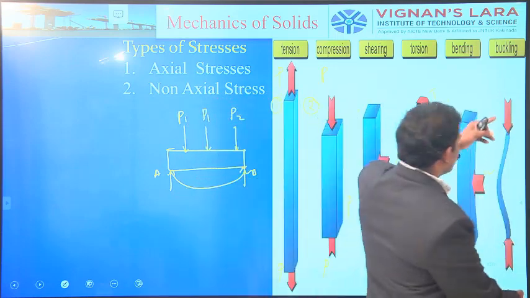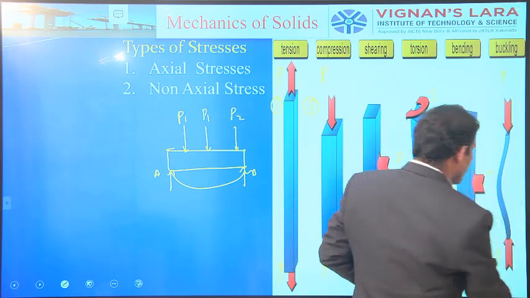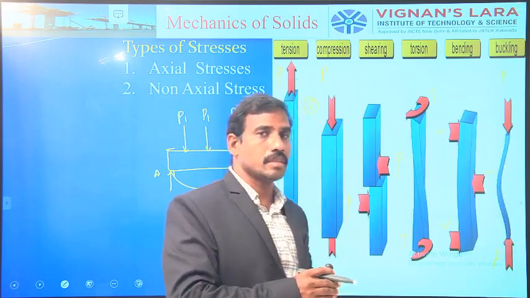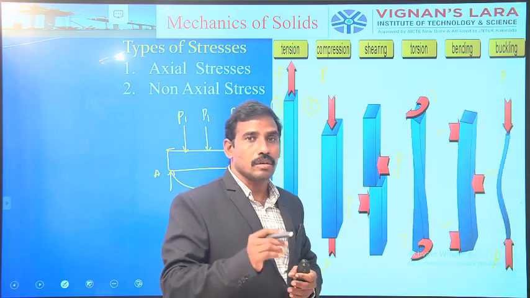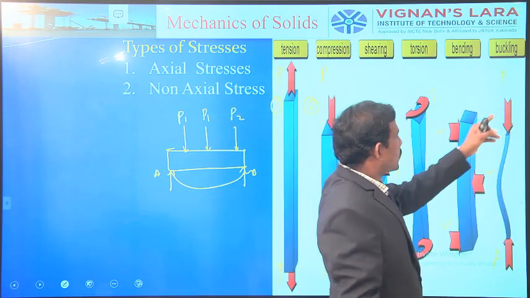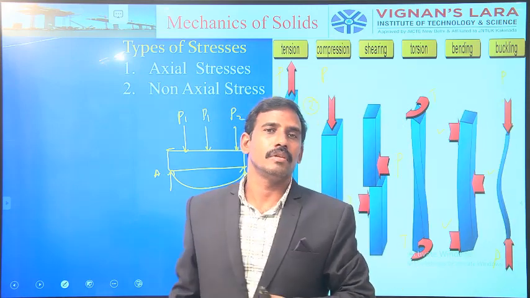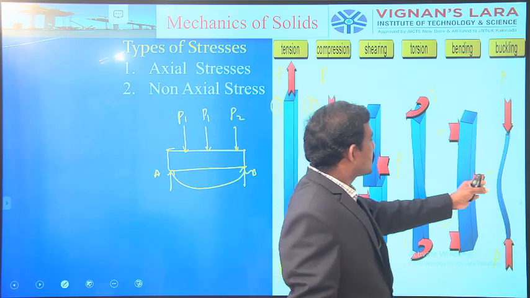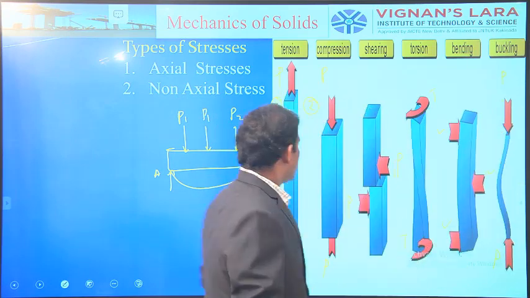Whenever the force P acts axially, the structural member must be in a vertical position. Then only the structural member is called a column. That must be subjected to a compressive loading system only. There is buckling, which is the stress and strain induced due to this kind of force system.